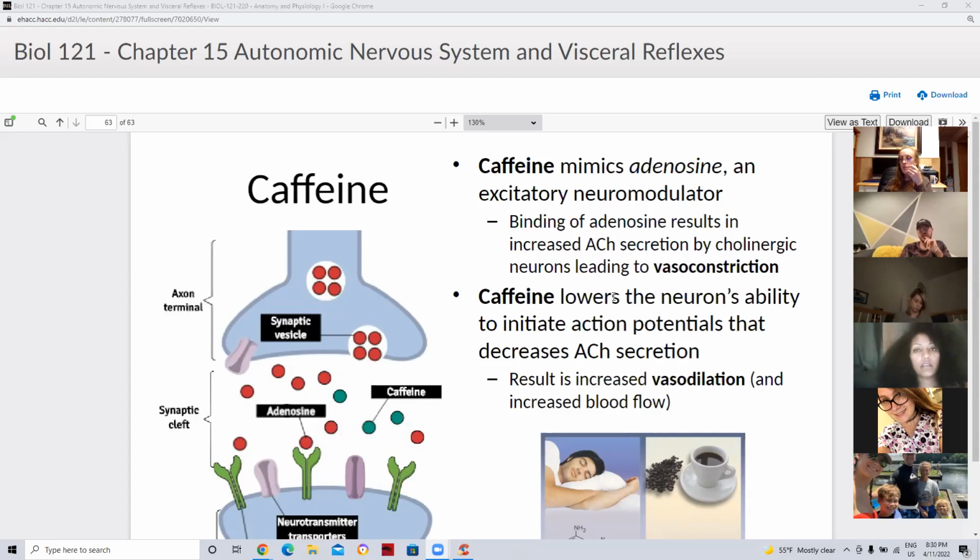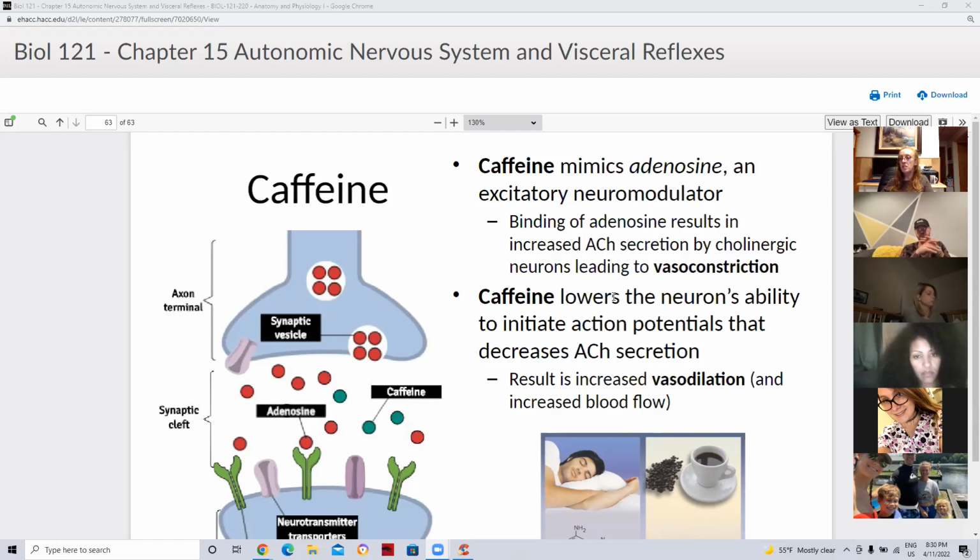So let me say that one more time, because I botched it the first time there. Adenosine is going to work as a neuromodulator to increase the secretion of acetylcholine on blood vessels to cause more vasoconstriction. Caffeine, on the other hand, is going to mimic adenosine.